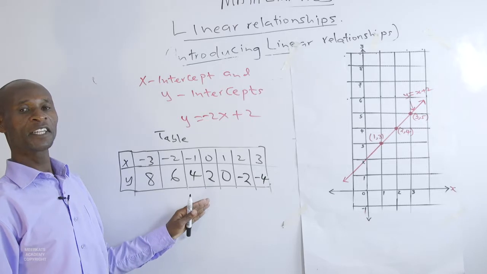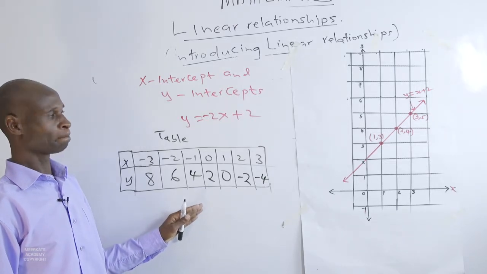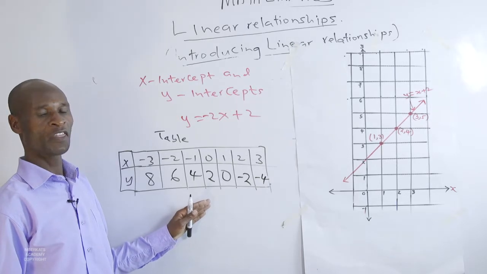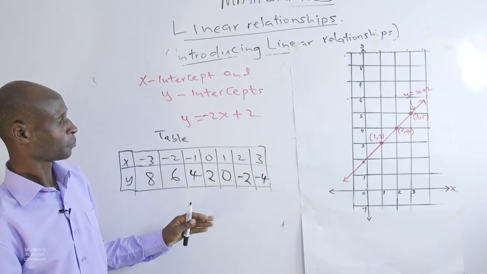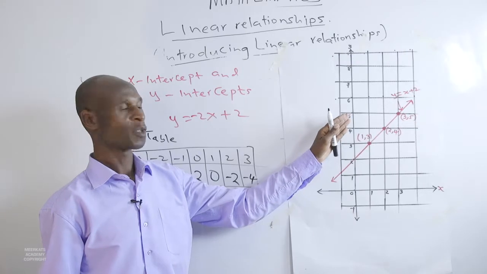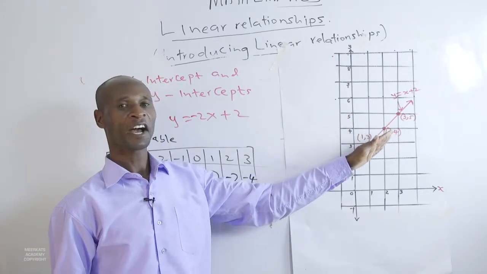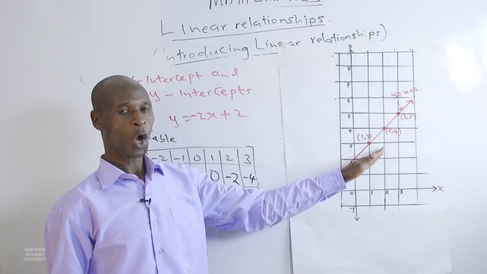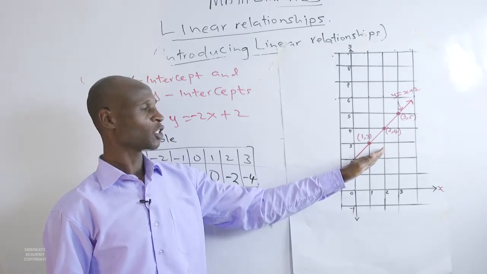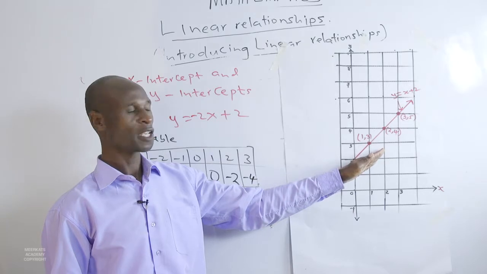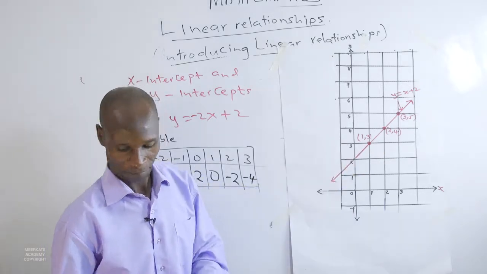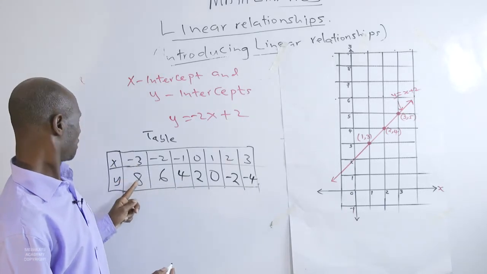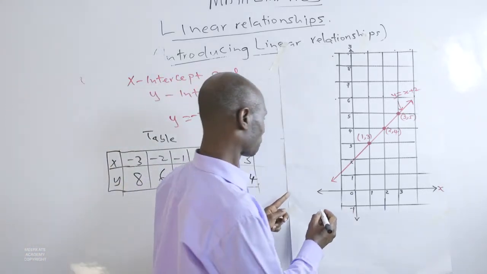We have completed the table correctly, and therefore we move to the second step of plotting the points on our graph. We shall ignore the first graph we have drawn using red and consider the graph that we are going to draw now using a black pen.